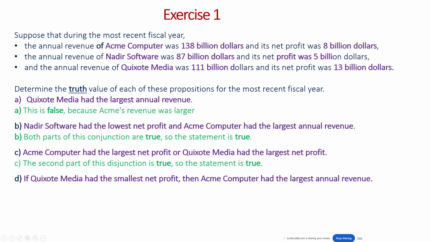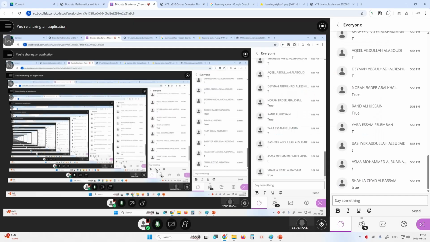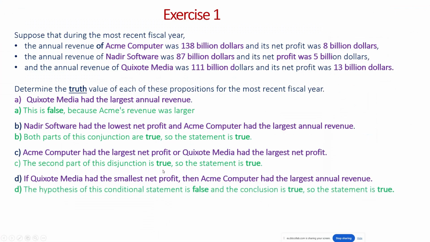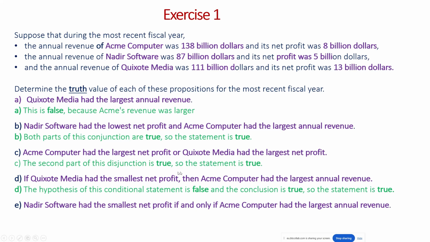The media company had the smallest net profit, not the largest, so that's false. Then ACME Computer had the largest annual revenue. That's true. So the statement is true. Good job.